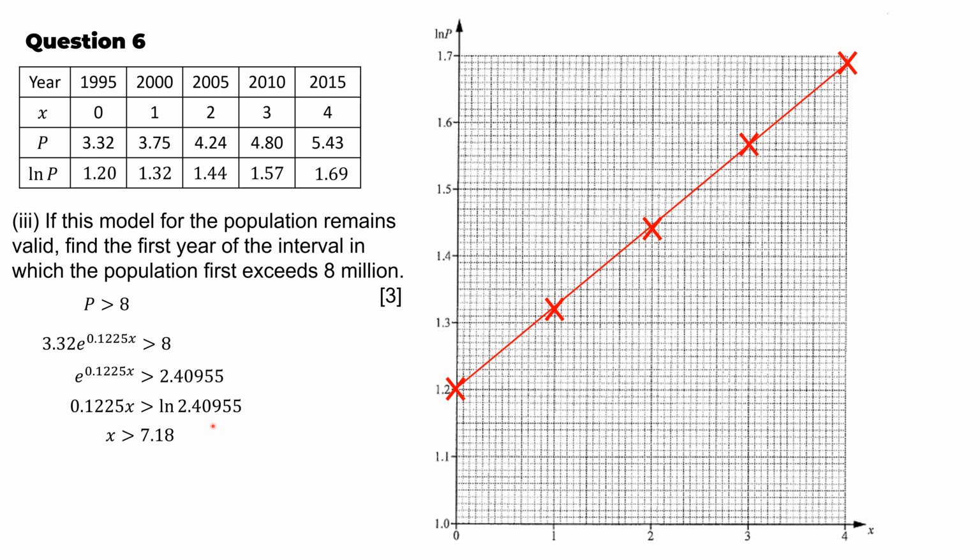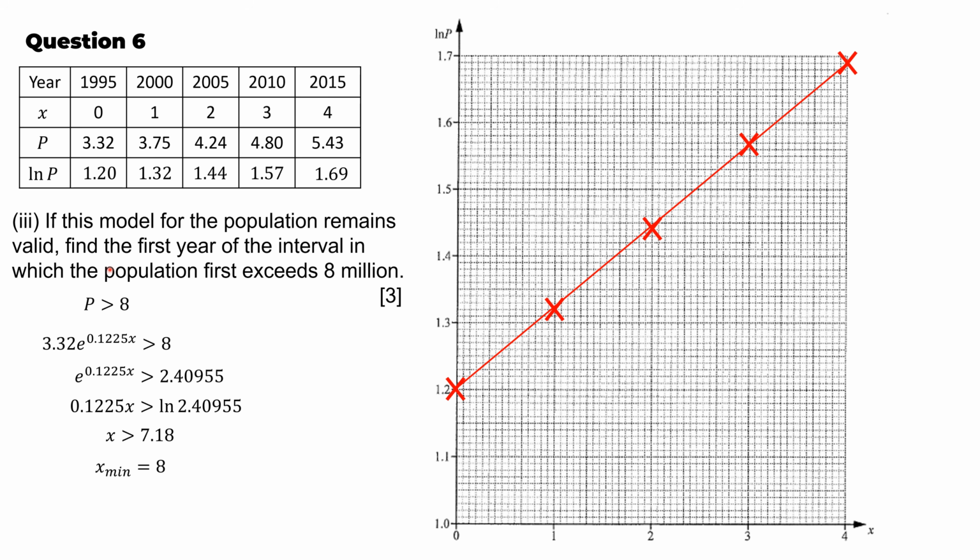Solving this inequality, we get x is greater than 7.18. In other words, the minimum value of x is 8, right? But it doesn't mean it is 8 years. Don't forget that, as described in the question, 1 unit of x means 5 years.